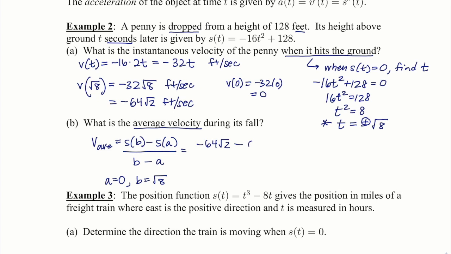So s of a would be 0, and then b minus a is square root of 8 minus 0. And we just said square root of 8, that's the same thing as 2 times the square root of 2.